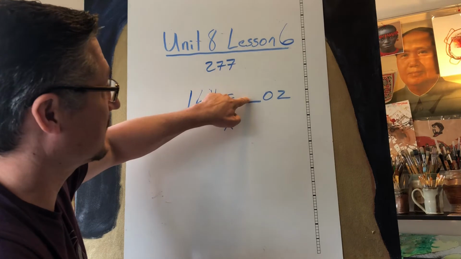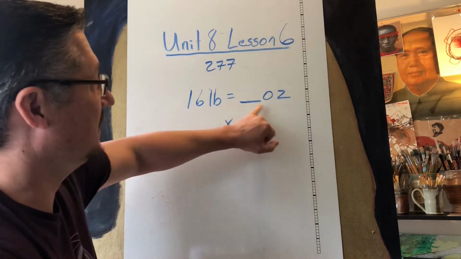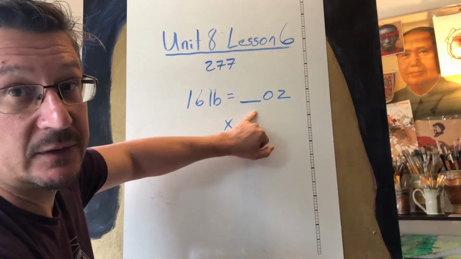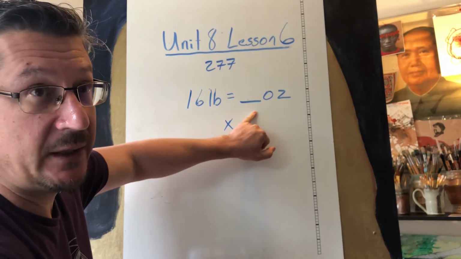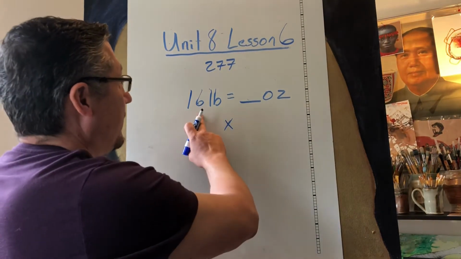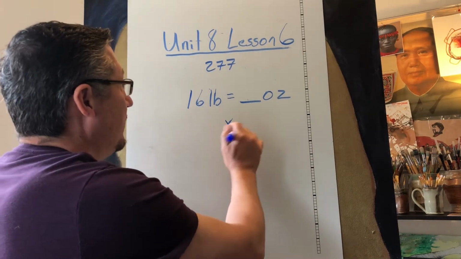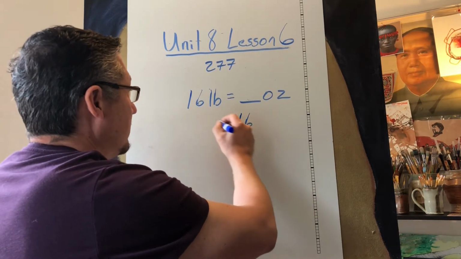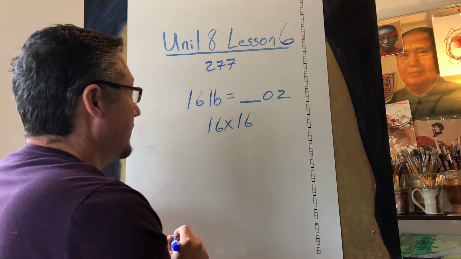It's pounds to ounces. The book always does these things to throw you to see if you get the concept that you're not just jumping to conclusions very quickly. So be careful of that. Okay, so it's multiply, and I multiply by 16. So it's 16 times 16.